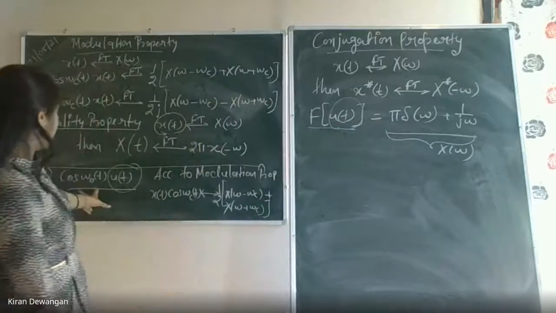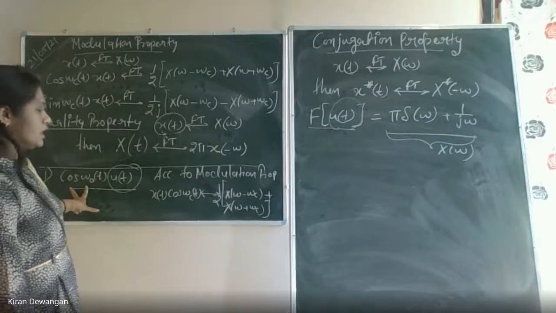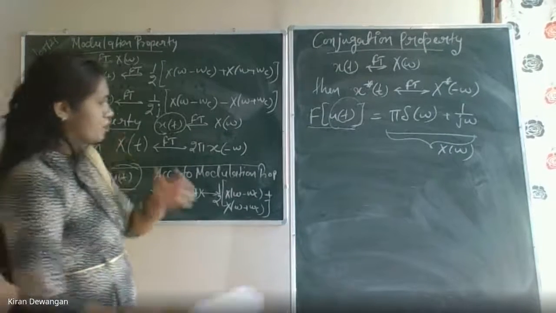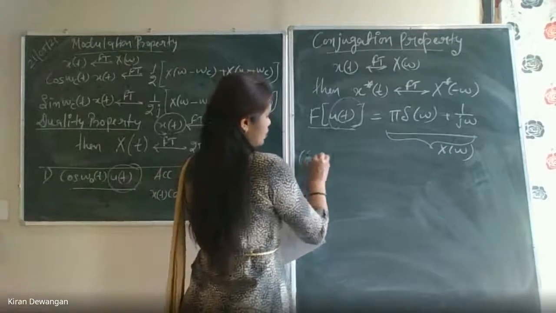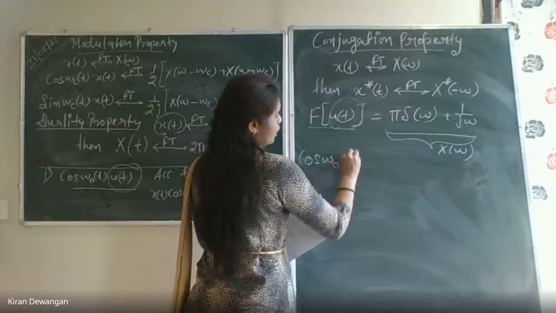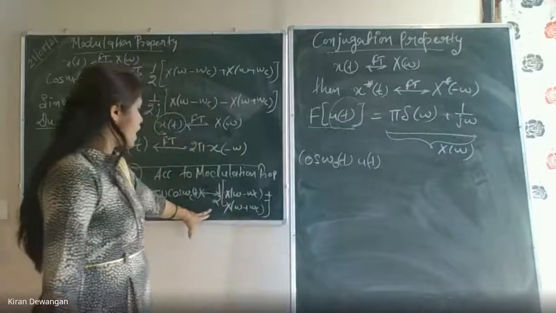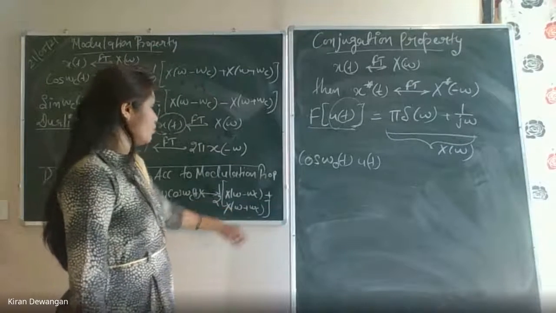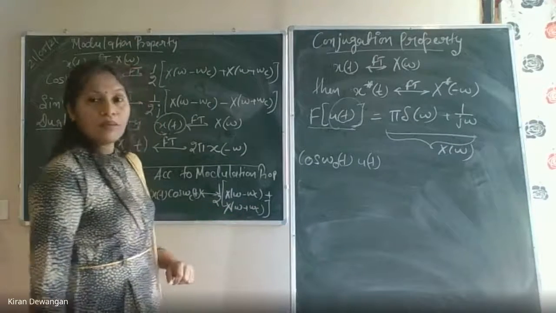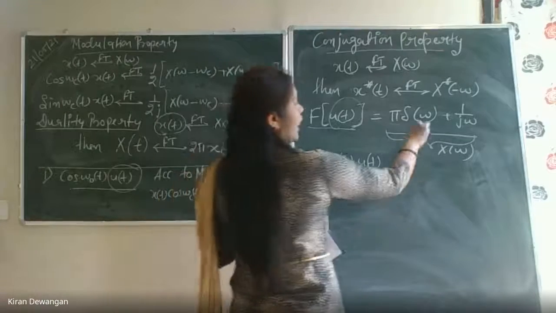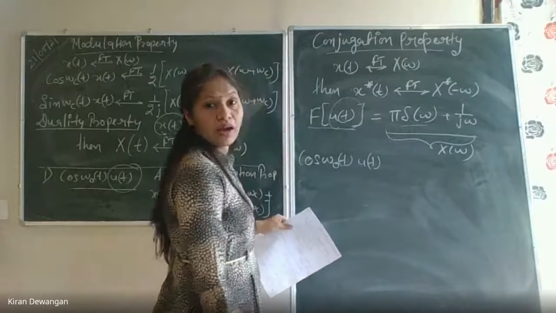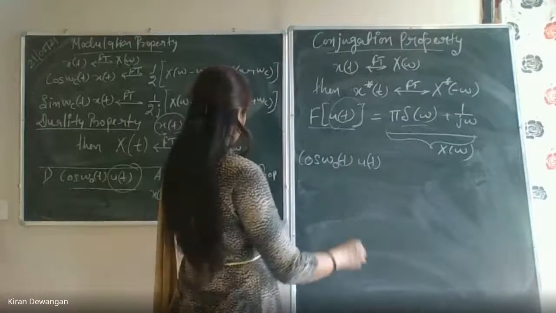Now in this one I am multiplying cos of omega naught t. So if cos of omega naught t is getting multiplied by u of t, then this is half of X of omega minus omega c plus X of omega plus omega c. So wherever I have my omega, that will be changed with this one.